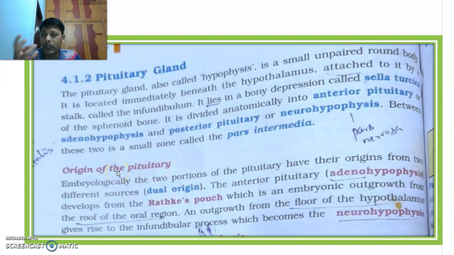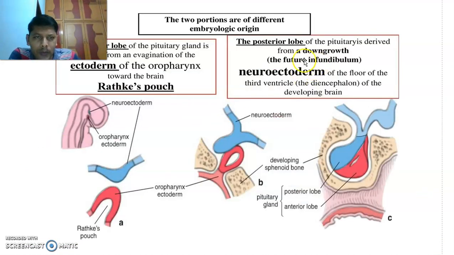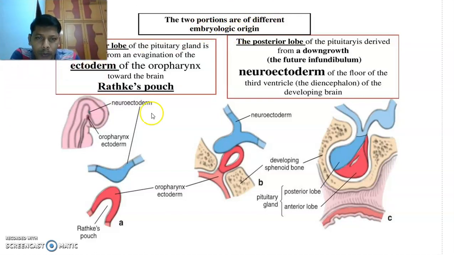How is our pituitary gland originated? What is the origin of the pituitary gland? How is it formed? The two parts of the pituitary gland, the posterior lobe and the anterior lobe, are of different embryological origin. This is a very important point.